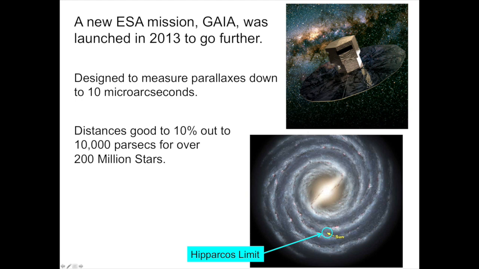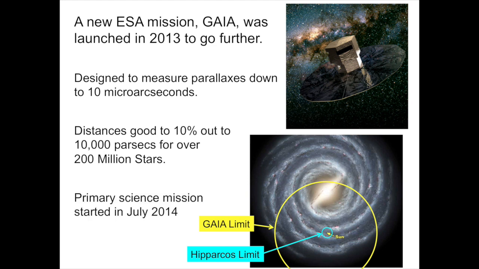In this artist's rendition of the shape of the Milky Way, we see the Hipparcos limit of approximately 1,000 parsecs. The Gaia limit is getting out to more than 10,000 parsecs. Since the center of our Milky Way is 8,000 parsecs away, this encompasses an enormous sector of our galaxy.